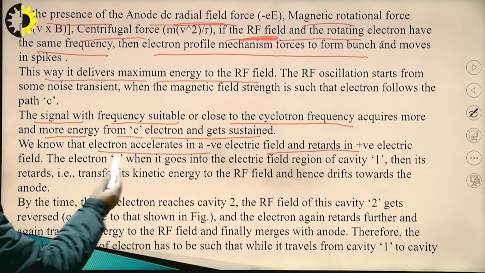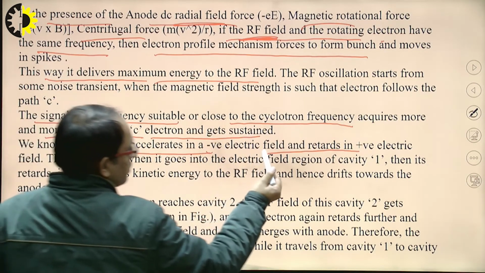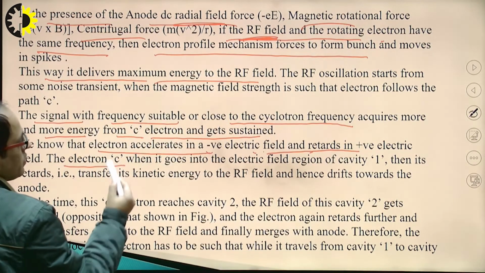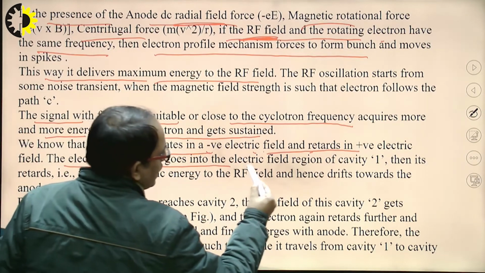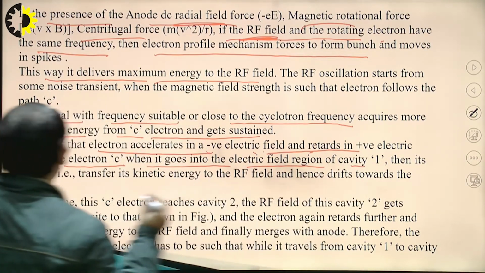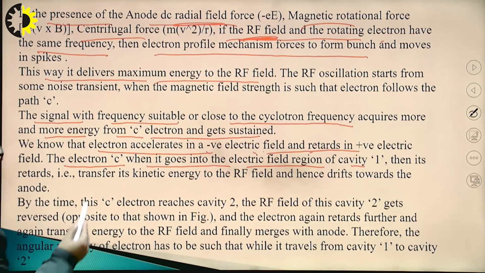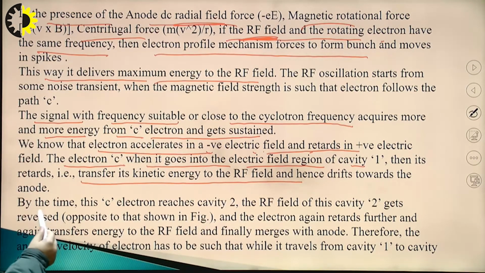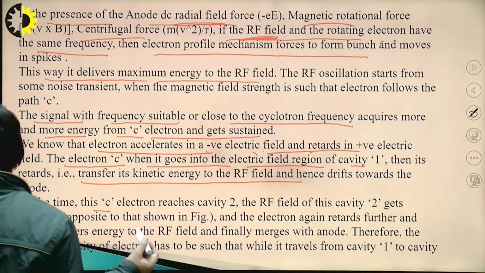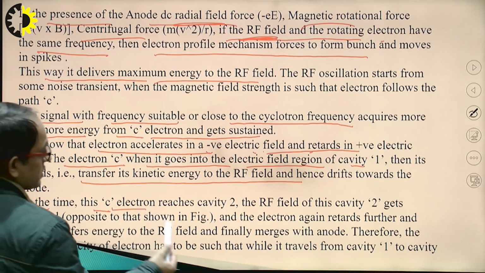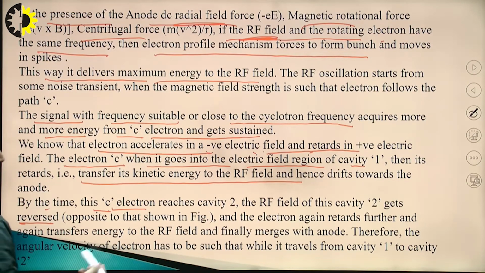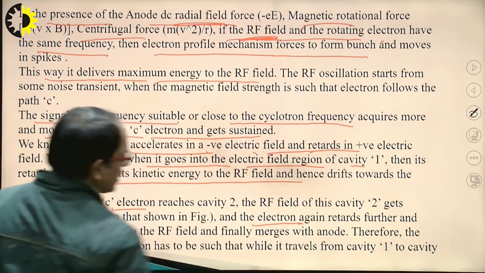Now see that the electron accelerates in a negative electric field and retards in a positive electric field. See, when it goes into the electric field of cavity 1, then it retards and transfers its energy to the RF field. Clear? Now by the time this electron reaches cavity 2, the RF field of cavity 2 gets reversed and this electron again retards further.